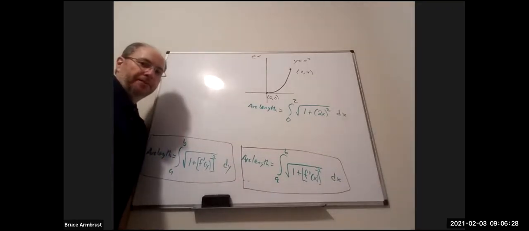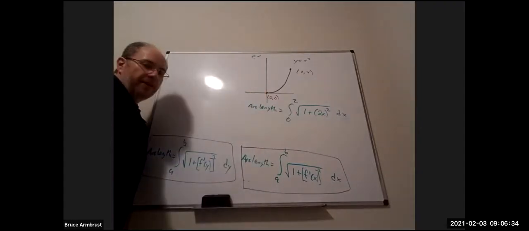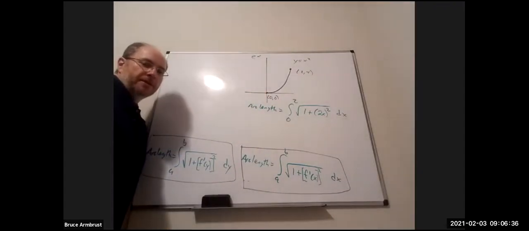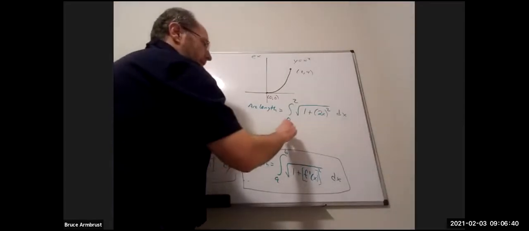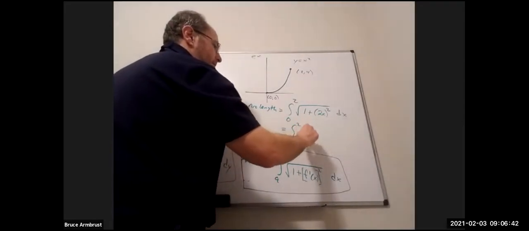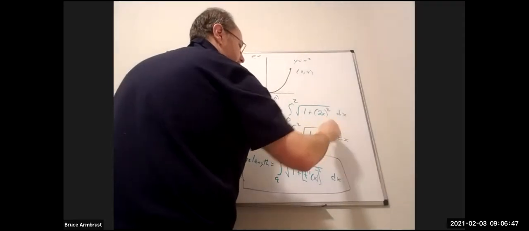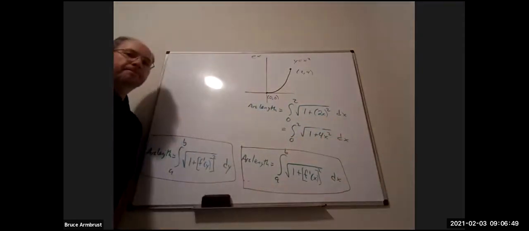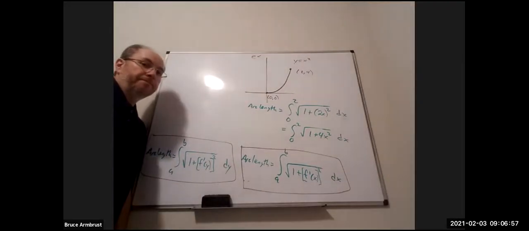And that's all there is to it. You notice our bounds, 0 to 2. We take the derivative of our function. So x squared's derivative is 2x. We fire that in. So this is the integral from 0 to 2 of the square root of 1 plus 4x squared dx.